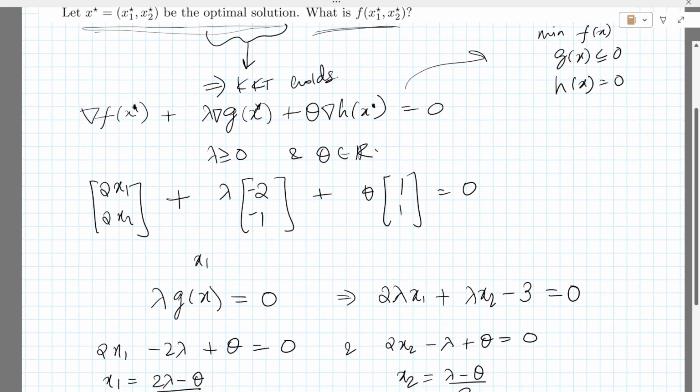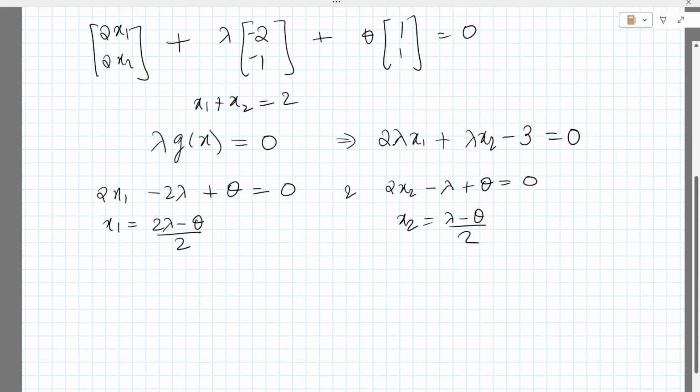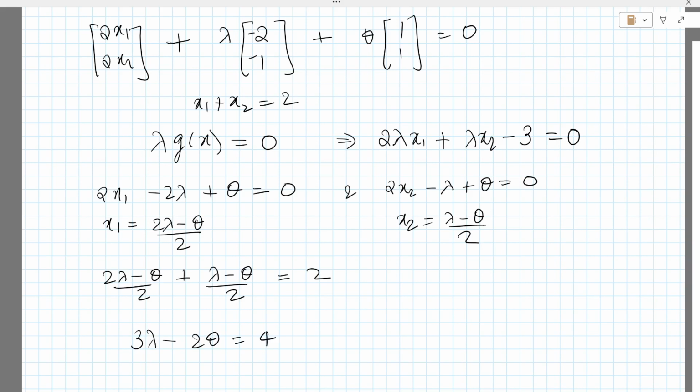And I also have this, right? x1 plus x2 is equal to 2. So that means (2 lambda minus theta) by 2 plus (lambda minus theta) by 2 is equal to 2. So 3 lambda minus 2 theta is equal to 4.